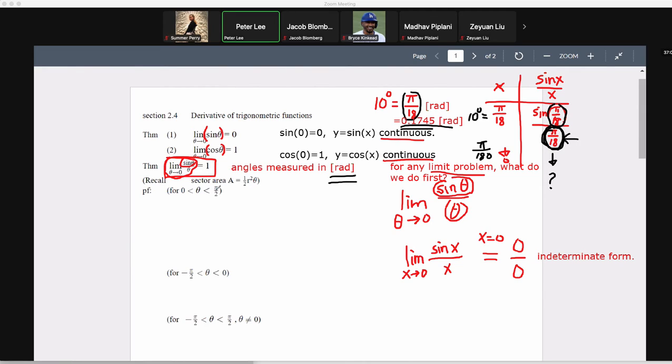Sector area. This is something all of you need to know here. All of you know the sector area formula. Let me draw a sector. This kind of a shape right here is called a sector.